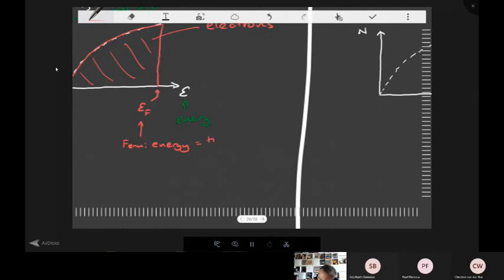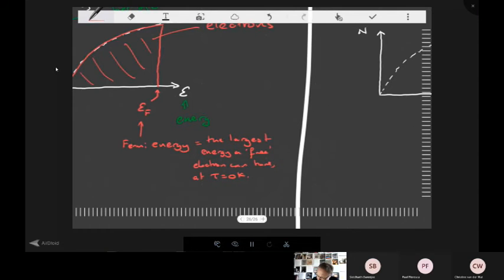The Fermi energy is the largest energy a free electron can have at T equals 0.